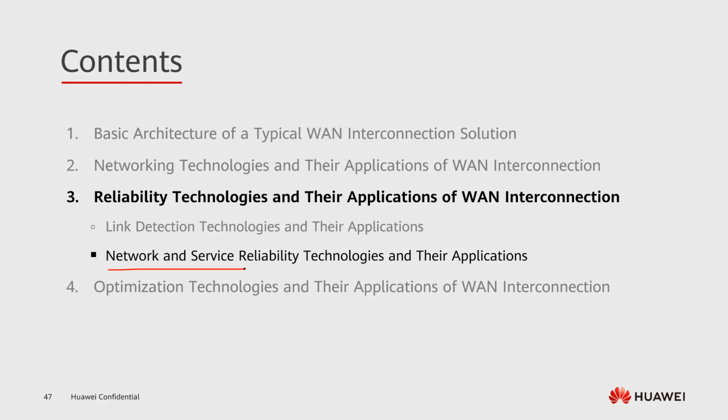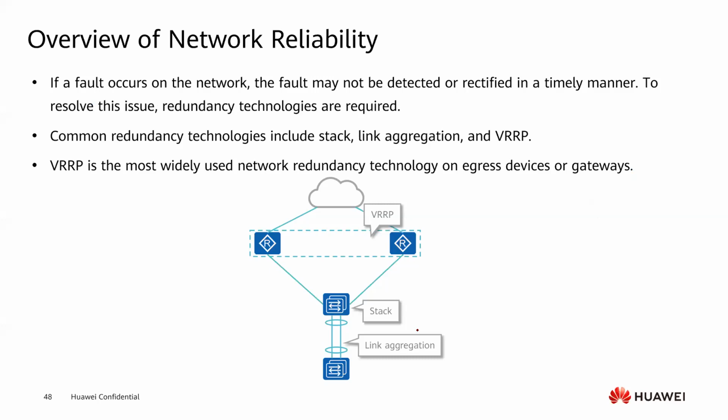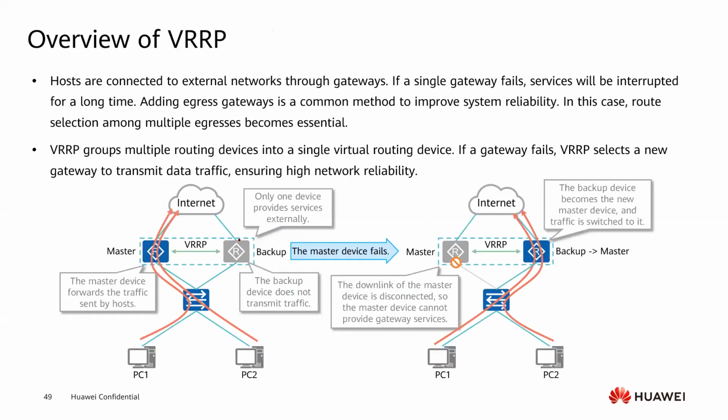So let's look at the network and service reliability technologies. First is device reliability, for which we can use VRRP. With VRRP, you basically know how the device does the switchover.